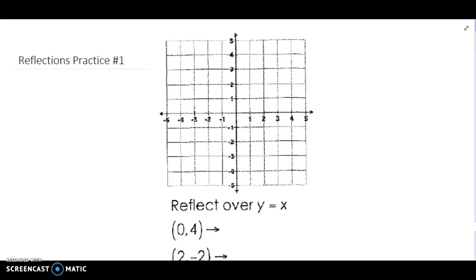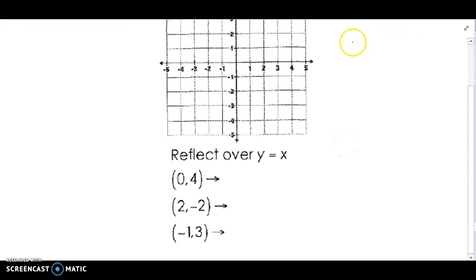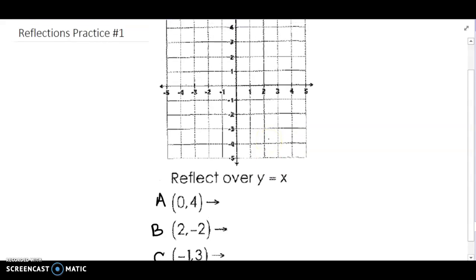All right, guys, let's go over this reflections practice little half sheet of paper. Before we start, for each one of these, we'll just stop the video now, and why don't you go through and label each of these points A, B, and C. So this can be A, this can be B, this can be C, and then plot them as well.